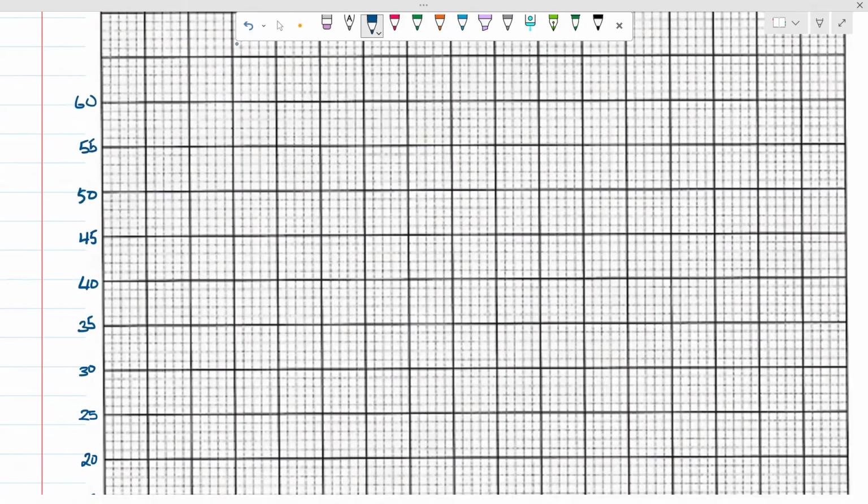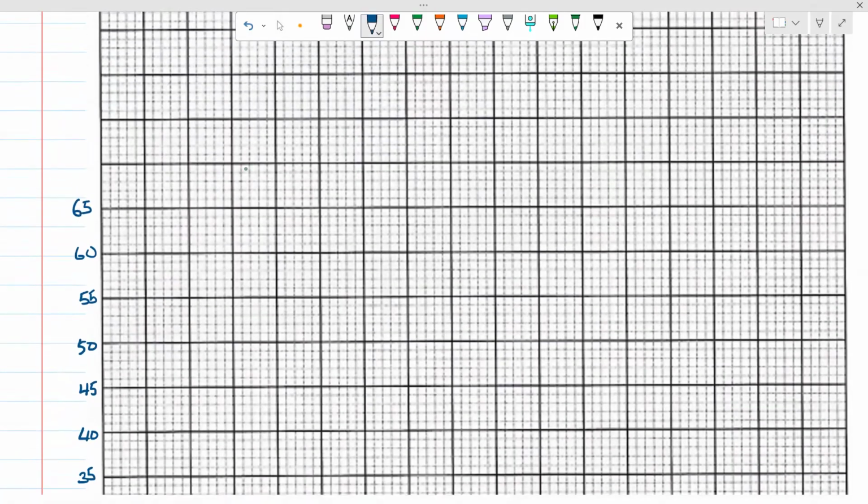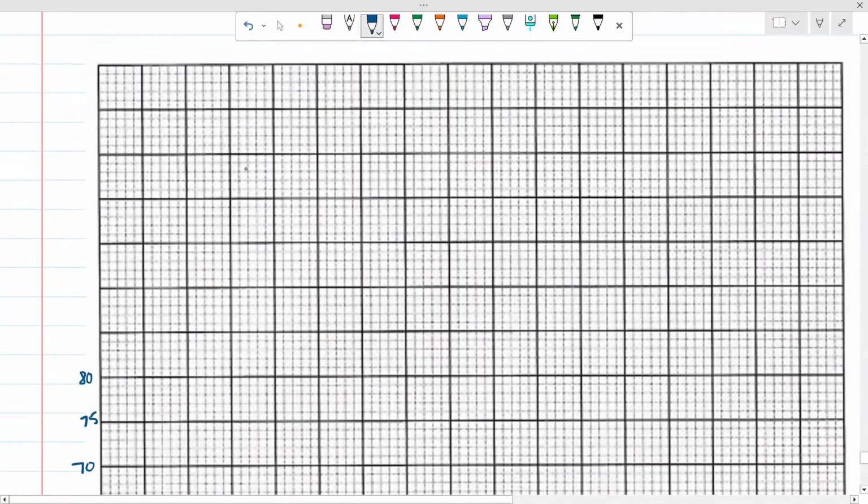There's 70 students, right? Everybody with me so far? It's up there, right? It's a y-axis here.